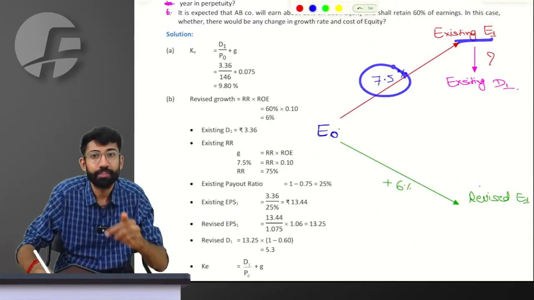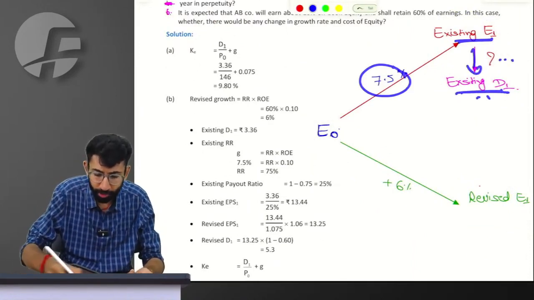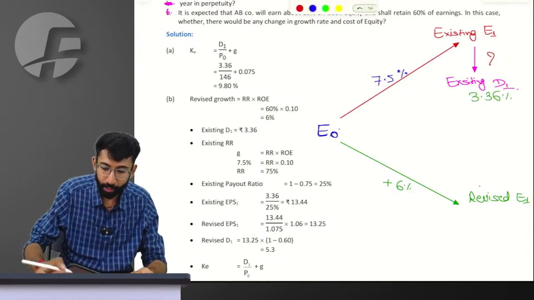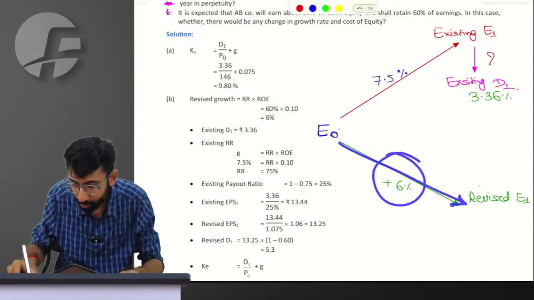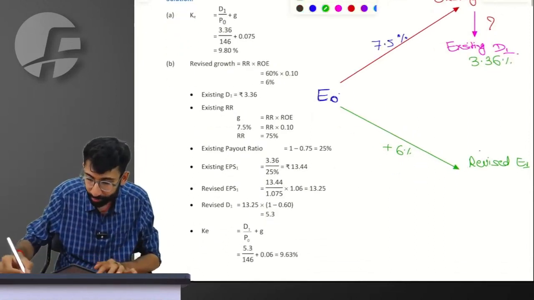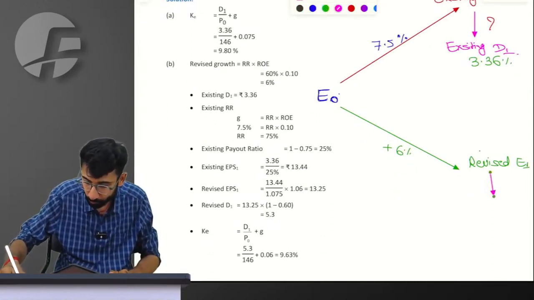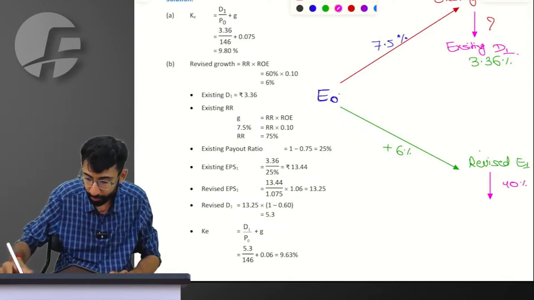That was based on 7.5% growth rate and a particular payout ratio based on which this existing dividend of 3.36 was being calculated. But because of certain things changing, my growth rate will change to 6%, and even my payout ratio will change to 1 minus 60%, 40%. Let us simply say 40% will give me revised D1.